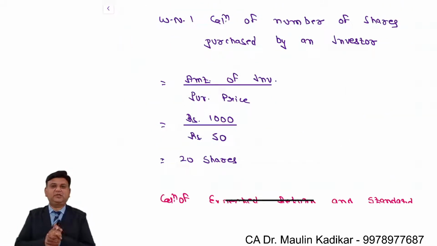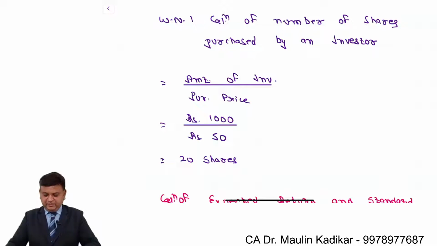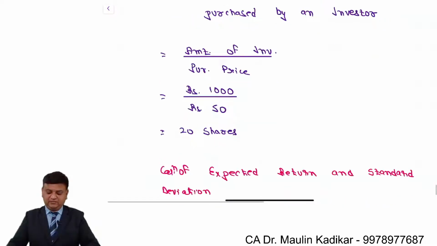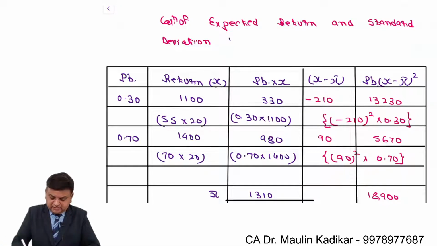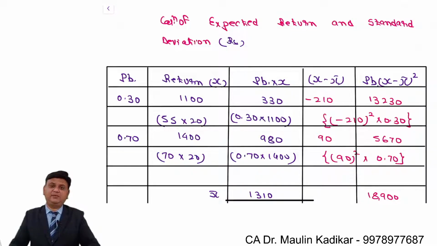So let us have summary of the entire answer. First of all, we compute the number of shares in which the investment is made, and then calculation of the expected return and standard deviation in rupees term. Importantly, understand that we have been provided with the dividend plus price change.